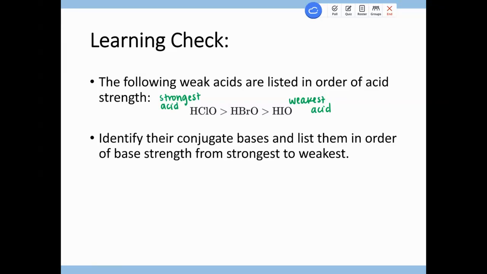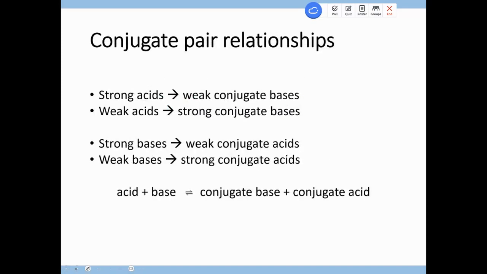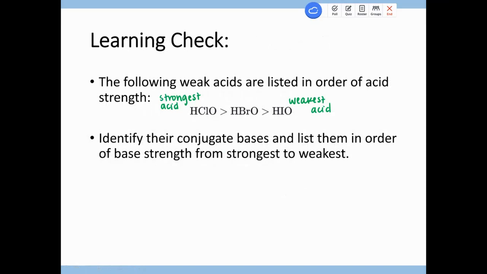So you're provided the list of strong to weak acid for these 3 acids. Identify conjugate bases. So do that first. Remember that if something is an acid and has a conjugate base, it loses a proton. It loses an H+. And that should tell you a little bit about what the conjugate base structure would be. So identify the conjugate bases and then list them in order of base strength from strongest to weakest, keeping in mind what we just said on that last slide. So first identify conjugate bases and then organize them.